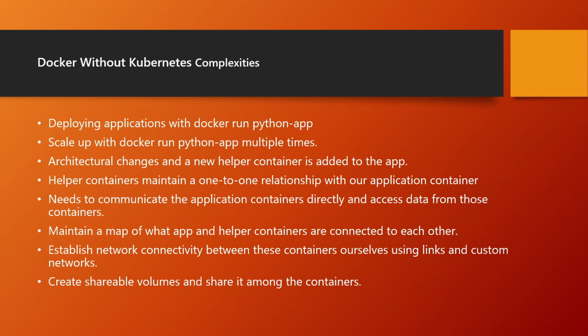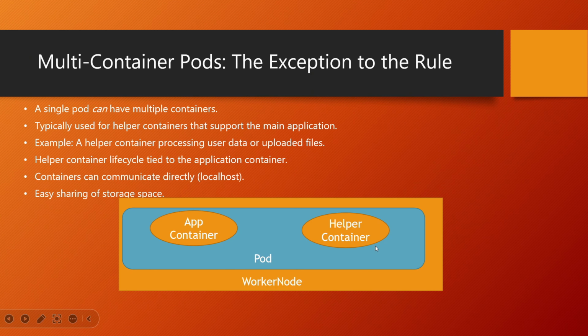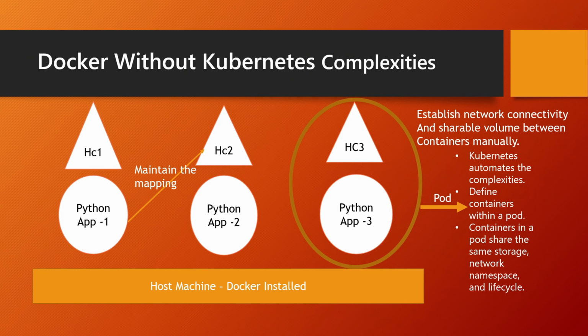But what I told you in the case of a pod, they are sharing the common space, they are sharing the common network. You don't have to maintain this mapping. They are related to each other. Once one dies, then automatically your helper container also dies. But in the case of a Docker container, what happened? You have to maintain this mapping.